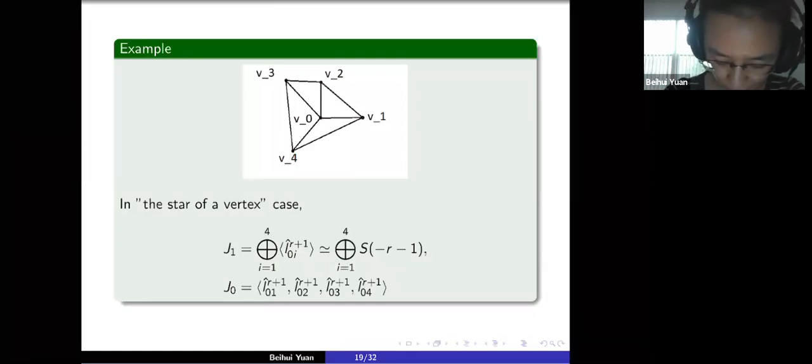So every one of them is a copy of S shifted by r+1. And G sub 0, because we only have one interior vertex here, right? So it is just one copy of an ideal generated by powers of linear forms.